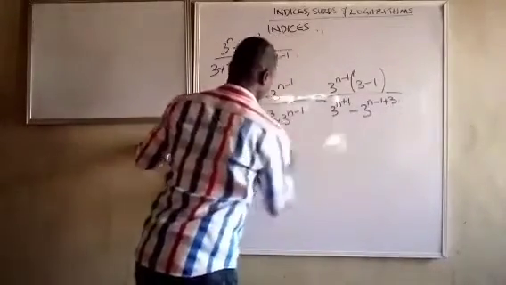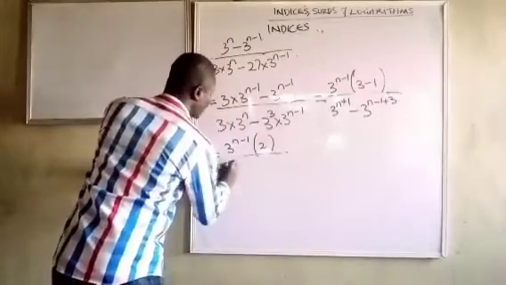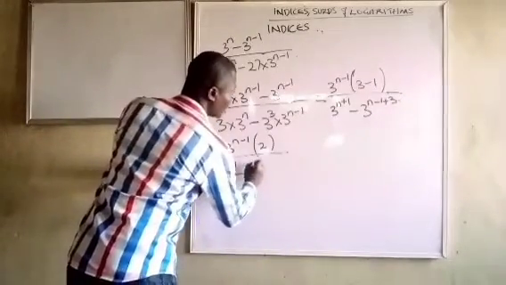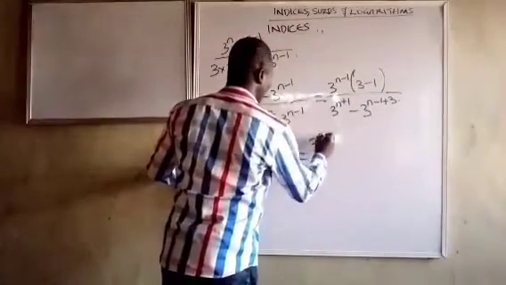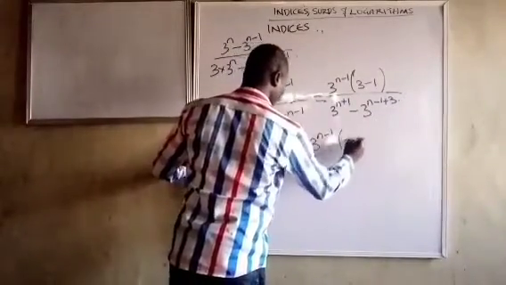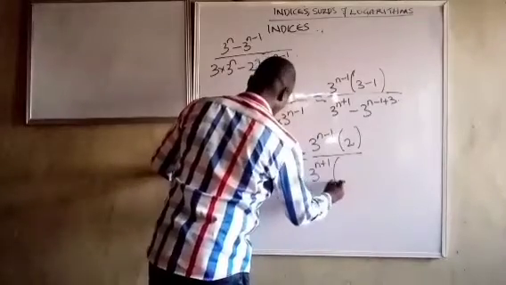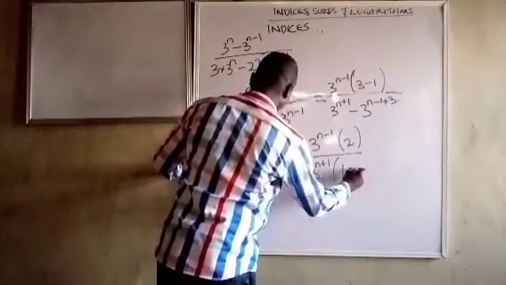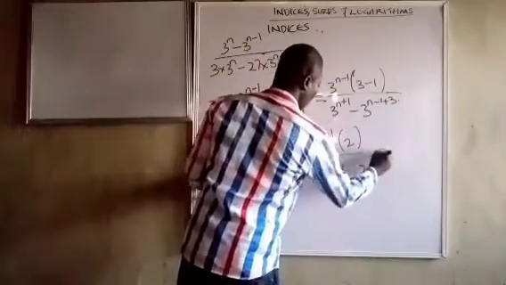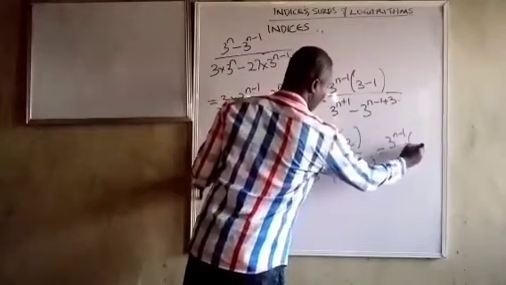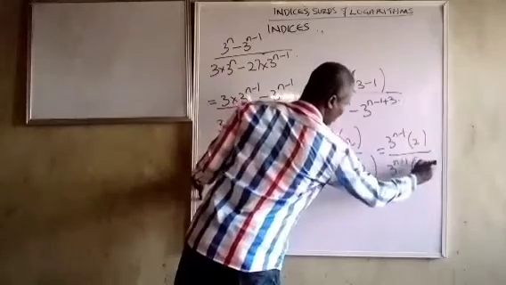This one gives us 3 raised to power n plus 1 minus 3 raised to power n plus 2, which gives me 3 raised to power n minus 1 into 2 over 3 raised to power n plus 1 into 1 minus 3, which gives me 3 raised to power n minus 1 into 2 over 3 raised to power n plus 1 into minus 2.